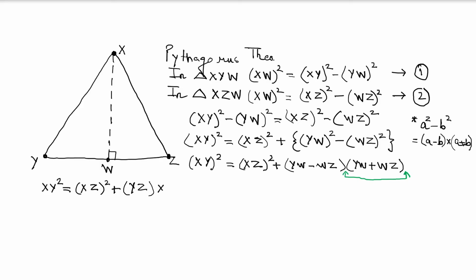So this I can write as YZ multiplied with, now we know that W is a point which has been made to exist. Now let us try and eliminate it, or can it be eliminated or not? Let us see.